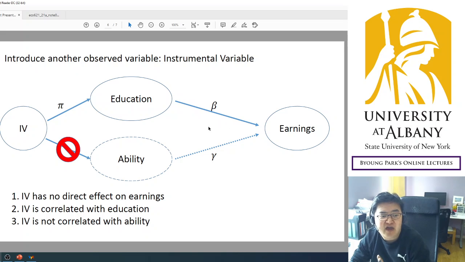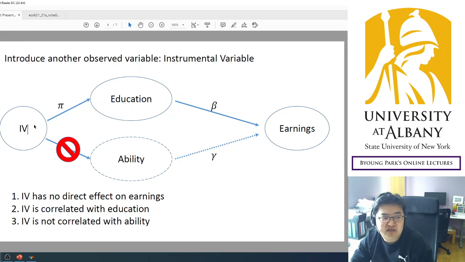And then finally, it is correlated with education. This channel must survive. There must be a remaining channel, and so this channel should be the only channel through which the effect of IV on earnings is delivered.